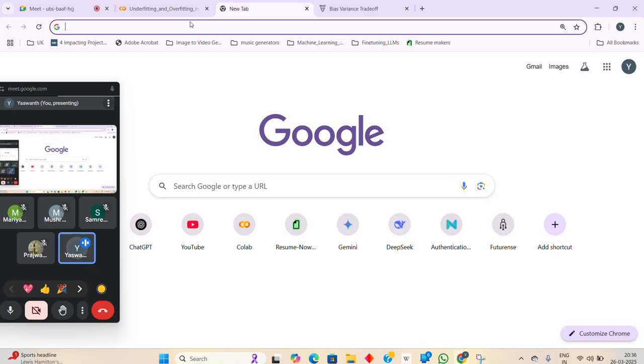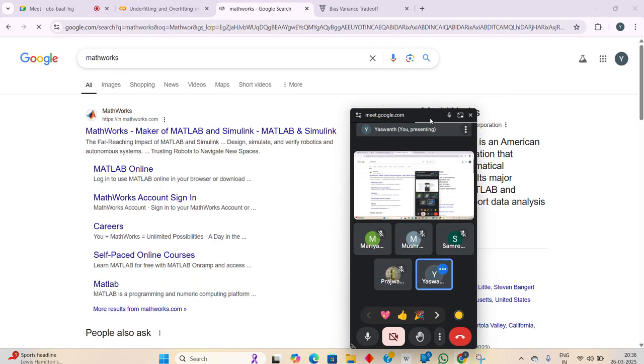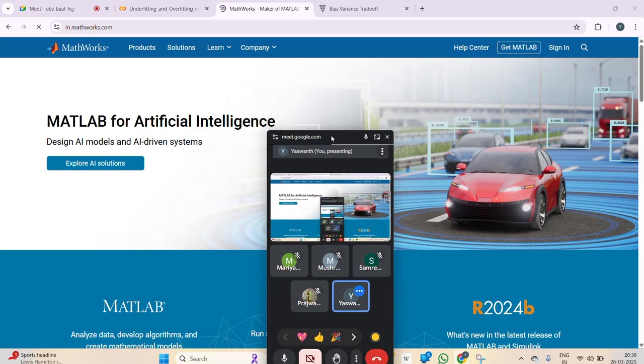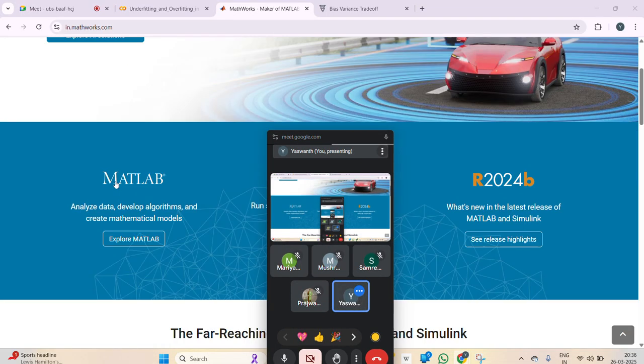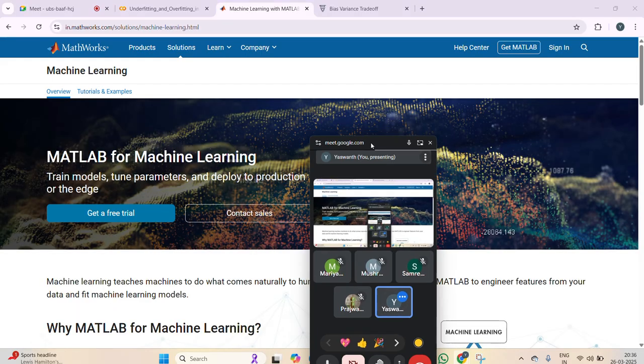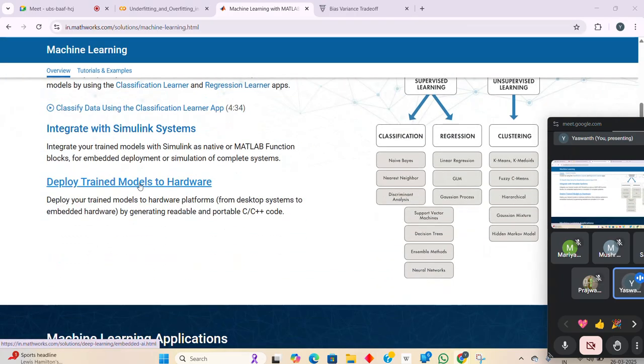There is one more thing, that is MathWorks. This particular website also will be really good for machine learning and artificial intelligence. But the only change is that here they don't use Python. Instead, they use MATLAB software and the MATLAB programming language. They also explain how you can do regression and classification, everything.